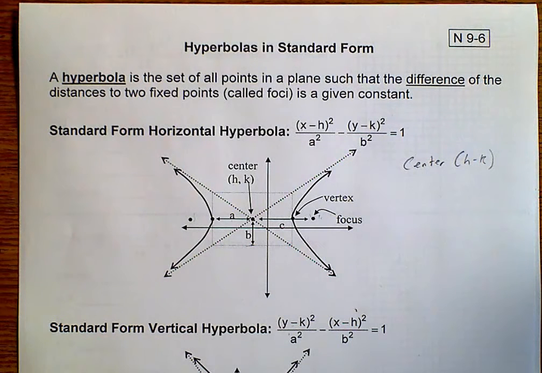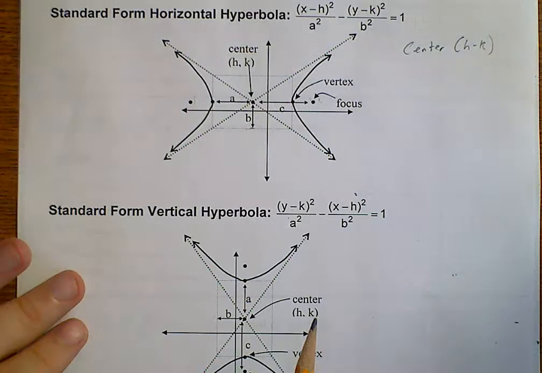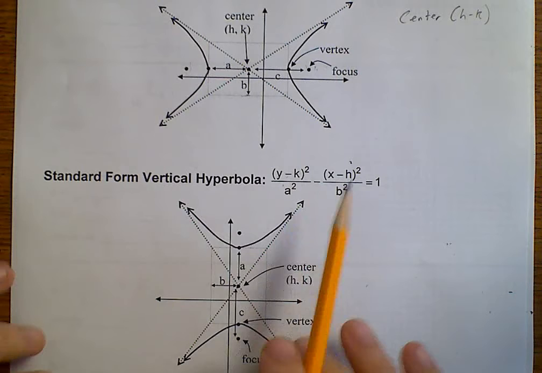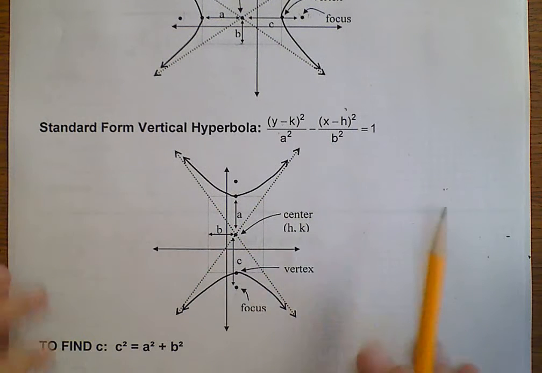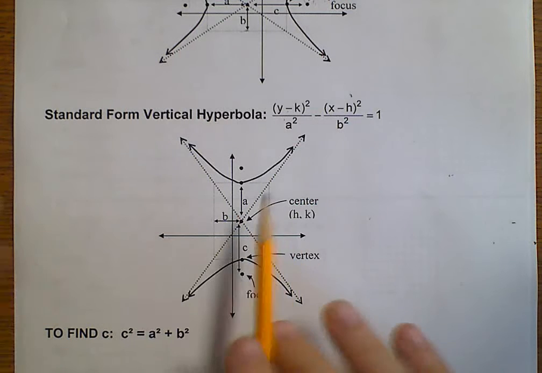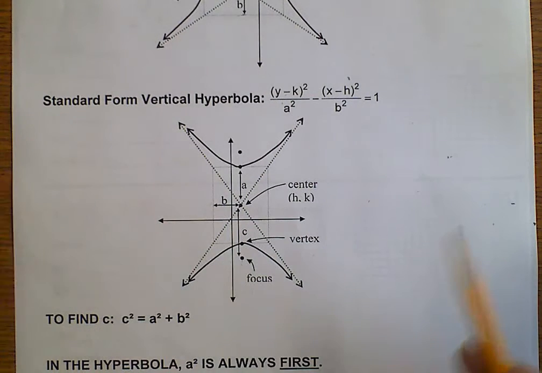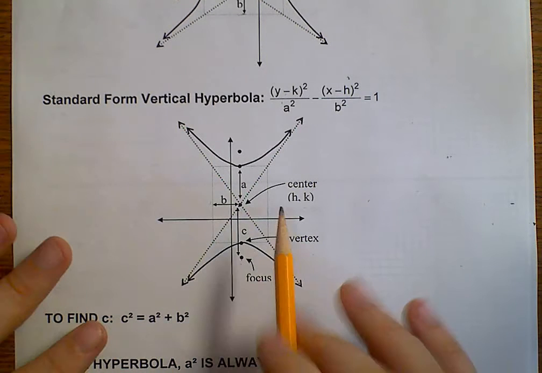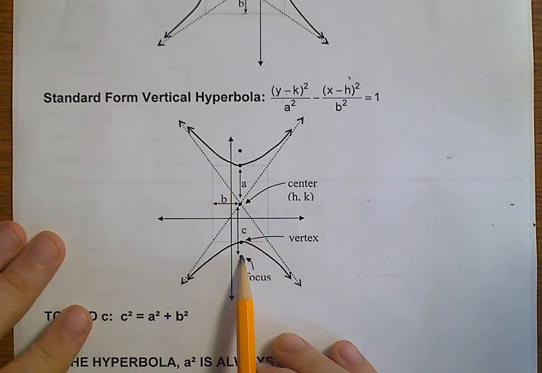This is horizontal because the x comes first, and vertical if the y comes first. a and b really don't matter which one's bigger or smaller, they're just different. To find out what c is, to find out where our foci are, we take a squared plus b squared. That will give us c squared, which again is the distance from the center to the focus.